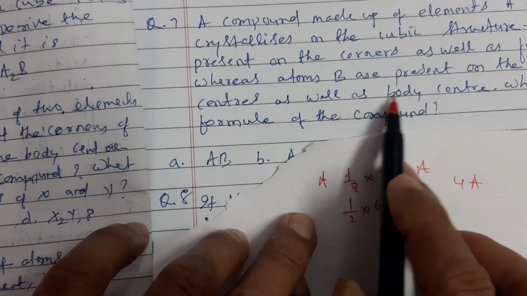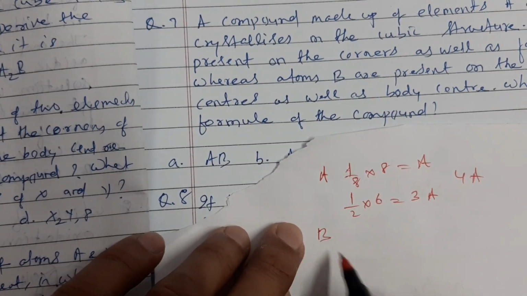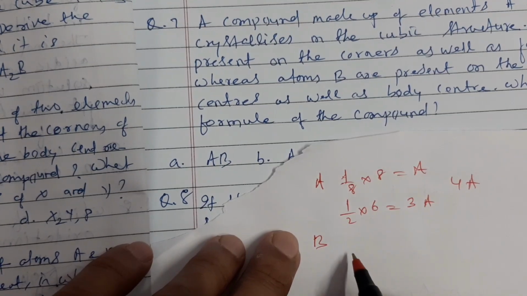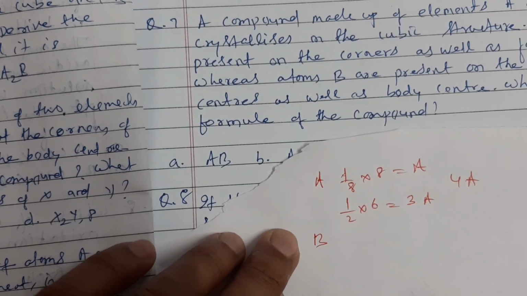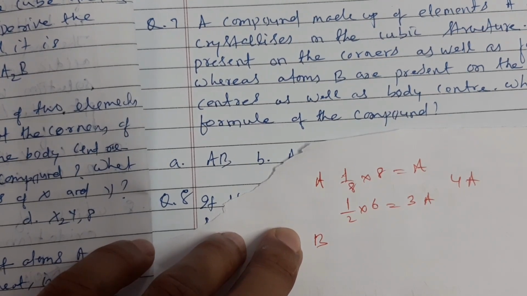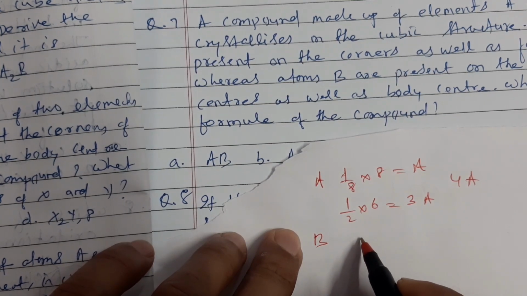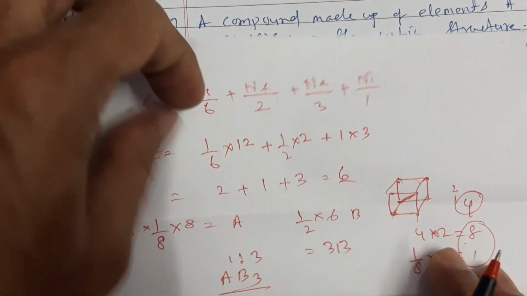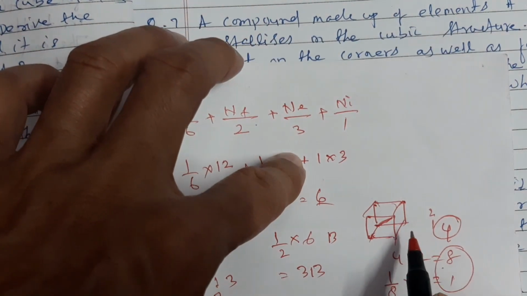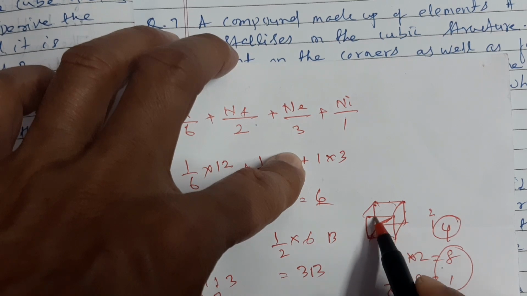Next, B is present at the edge centers. How many edges are there in a cube?